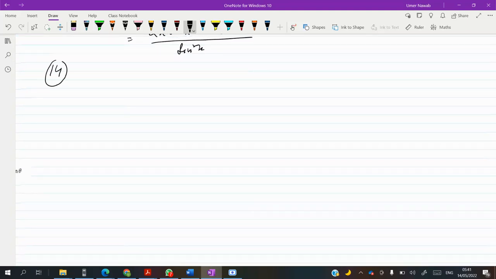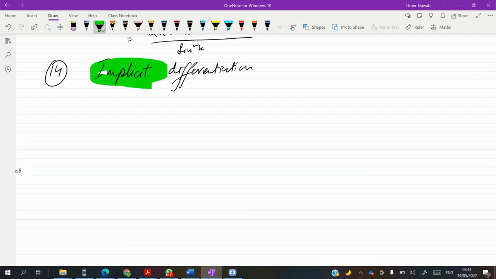Now the next one in your course is called implicit differentiation. Implicit differentiation is when we have an implicit function and we want to find dy by dx. Implicit means when the x and y are mixed in one expression.